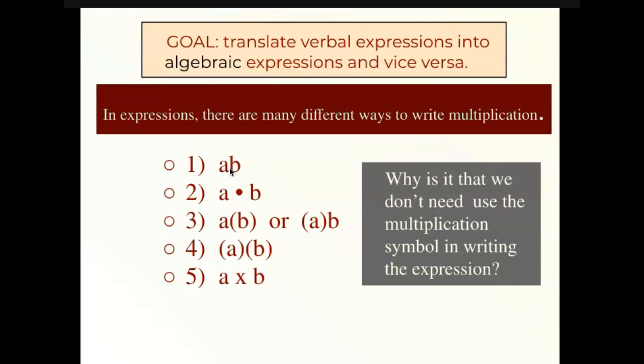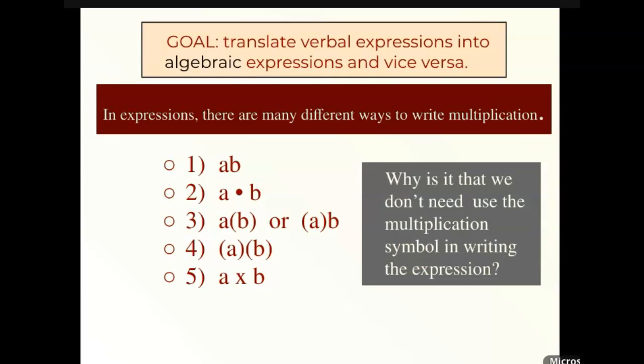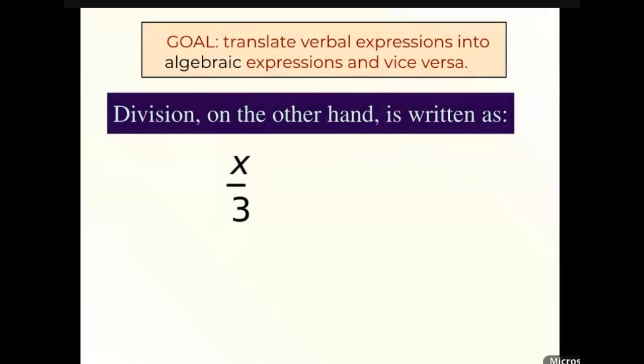So we just eliminate those dots, parentheses, or the x to simplify. But it doesn't mean we cannot use them. We still can, but to make it a nicer, simplified form, we don't need those dots or parentheses or x. Question?